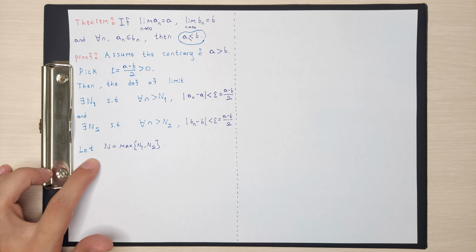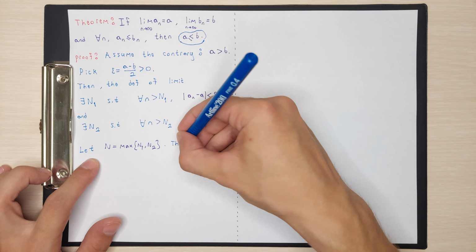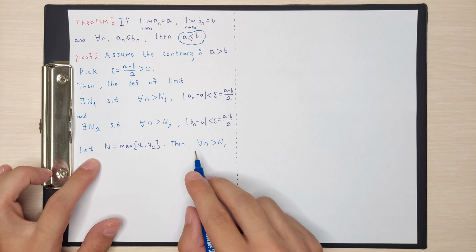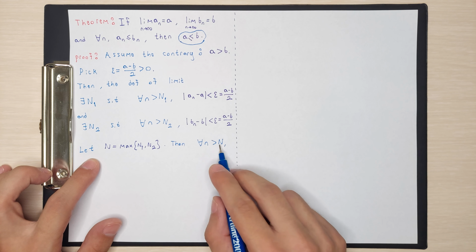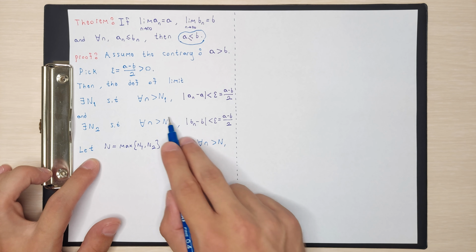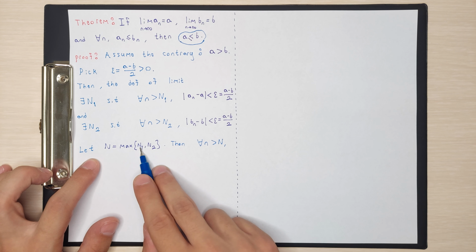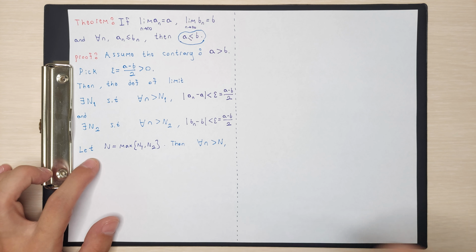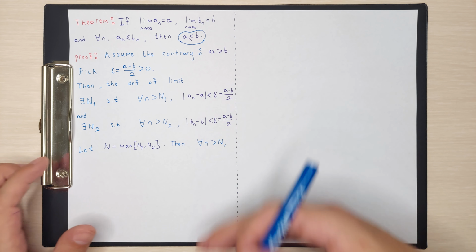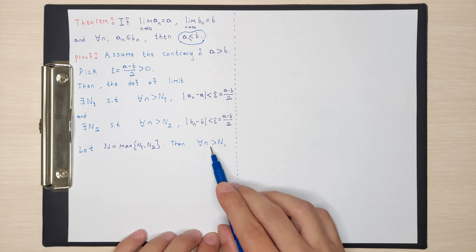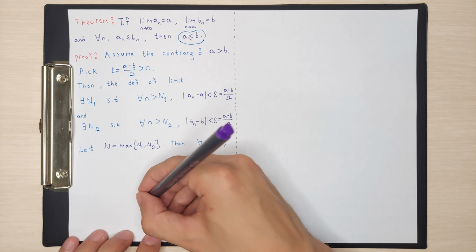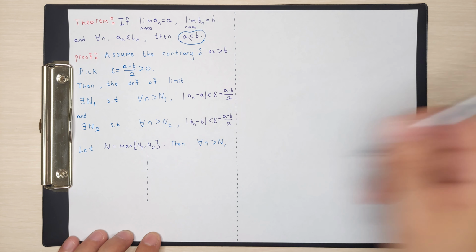Then for all n which are greater than capital N, n is already greater than n1 and n2, because capital N is the maximum value of n1 and n2. Then I have both inequalities at the same time for all n which are greater than capital N, right?